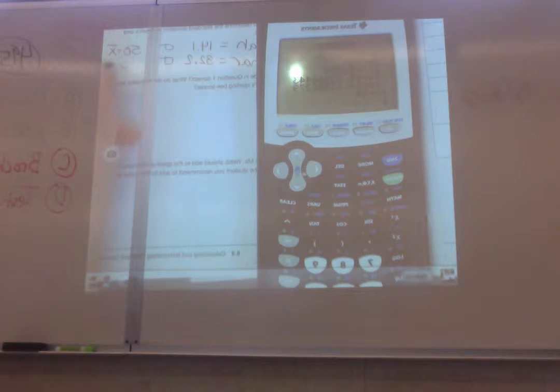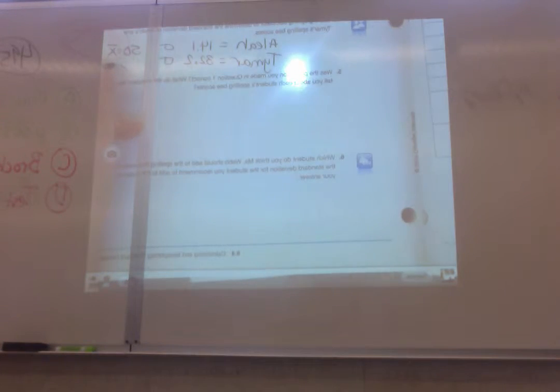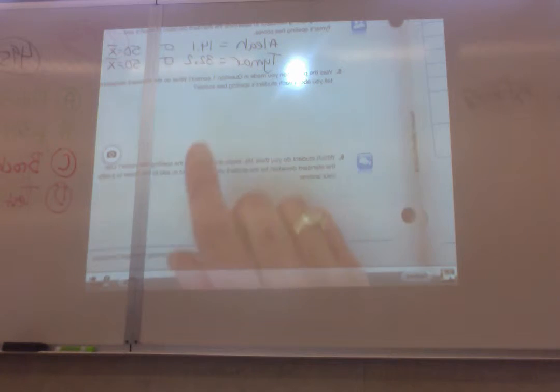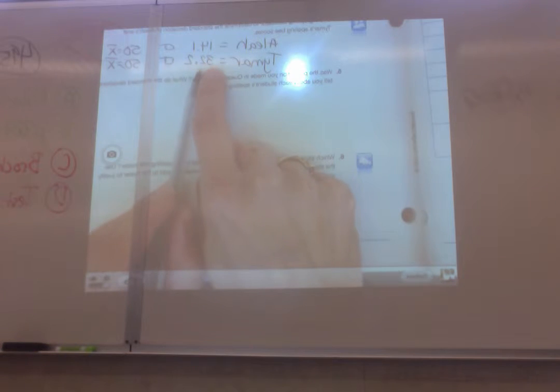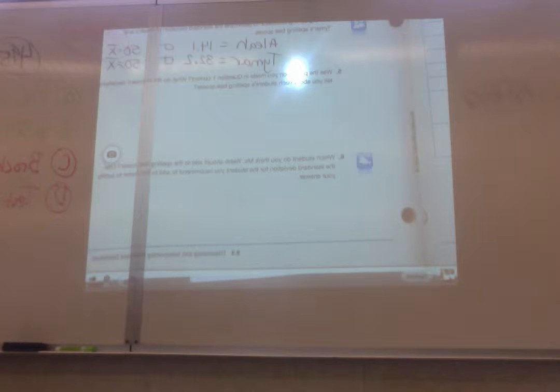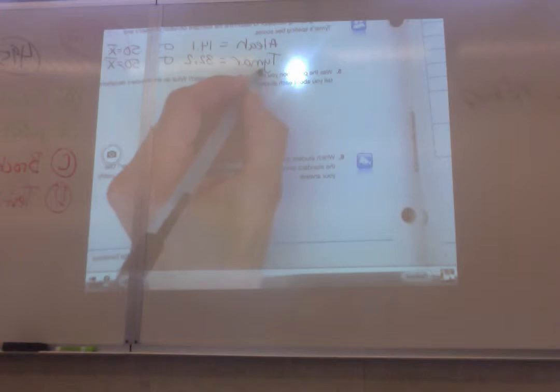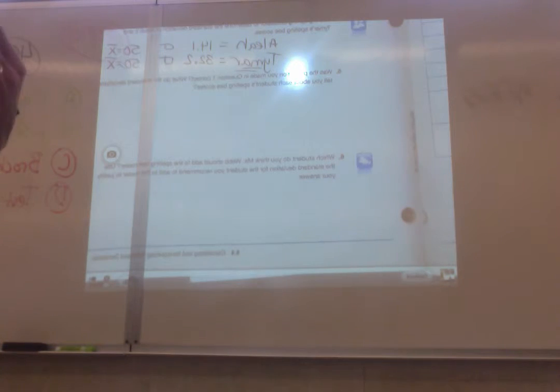What was the standard deviation for Timar? Was it also 50? So for Timar, the majority are either 32 over 50 or 32 below 50. So they're within a bigger range, okay? Both of them are centered around 50, but Timar's is spread way farther up and way farther down.